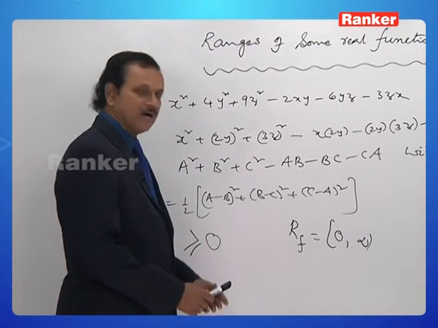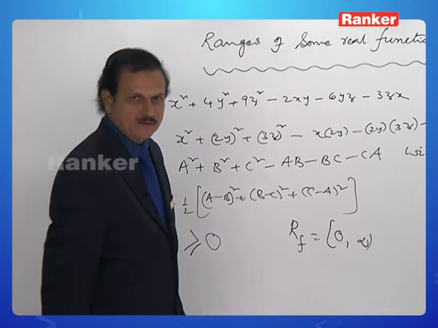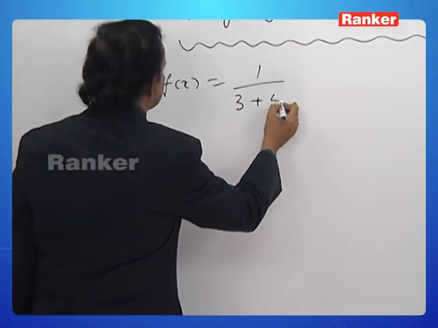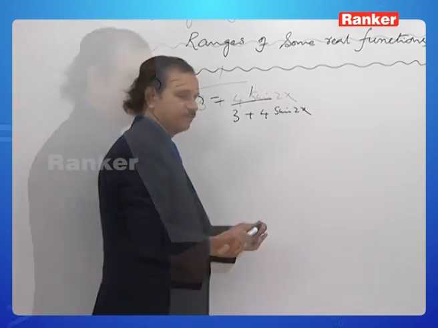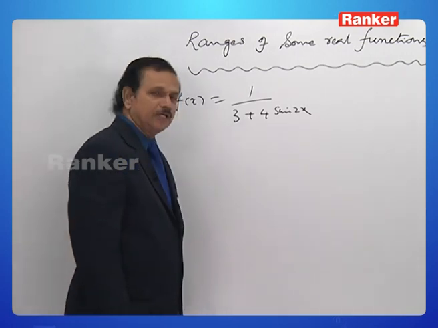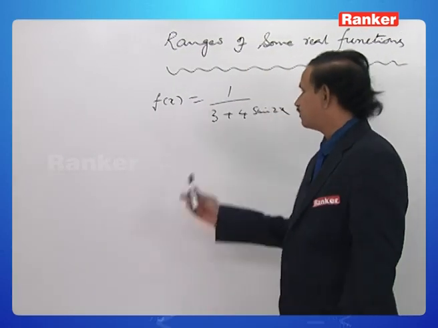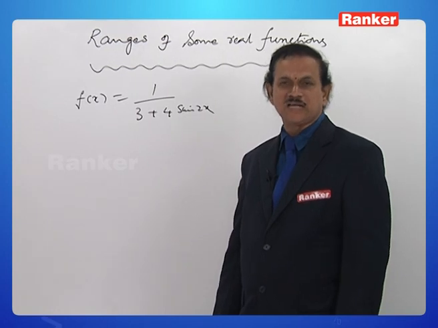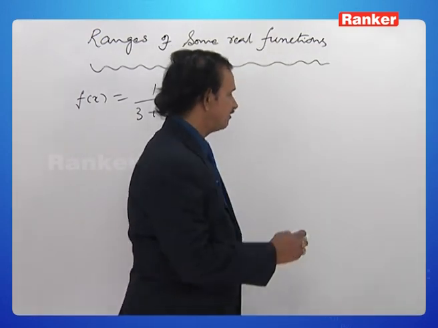Yes, we now take one more such model to have another concept. f of x is equal to 1 by (3 plus 4 sin 2x). What is the range of this expression? Of course, within a few seconds, you can estimate this also. I shall give you a particular mechanism to face such questions. Please observe carefully.